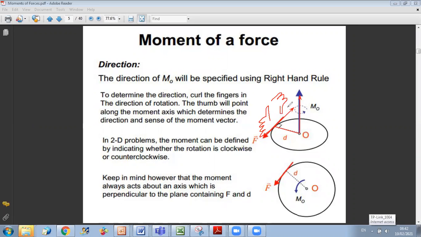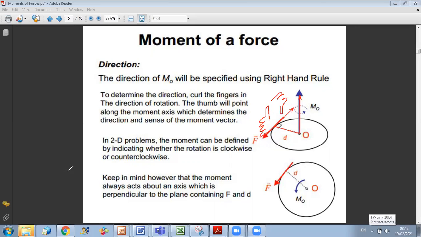Okay, so this is called the right-hand rule. It will allow you to know the sense of your moment vector. Did you try to do it? Is it working with you? Yes. Okay. Anyway, I will put for you a video. It will help you also to see how to do it.